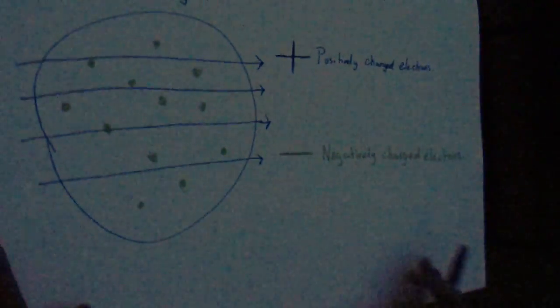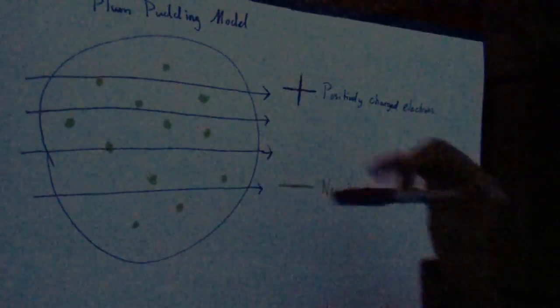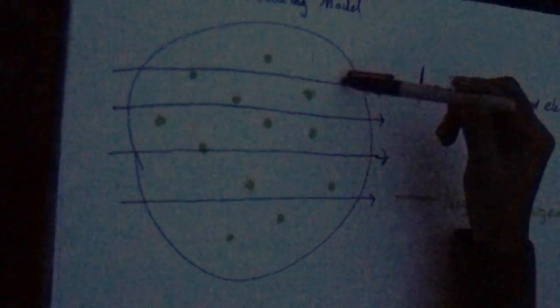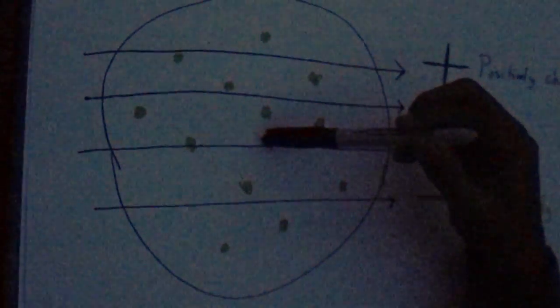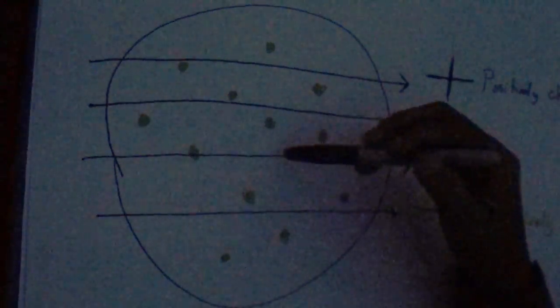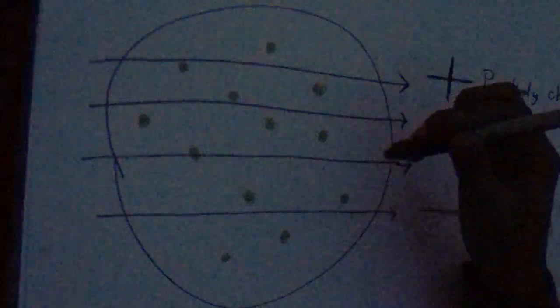Now, if we look back here at the plum pudding model, James Thomson originally thought that this is what the atom would look like. He never knew that there was an actual nucleus. Therefore, J.J. Thomson's theory was inferior to Rutherford's theory.